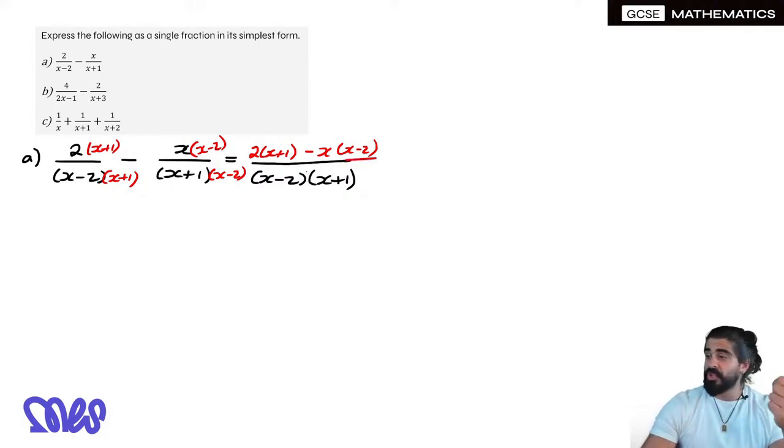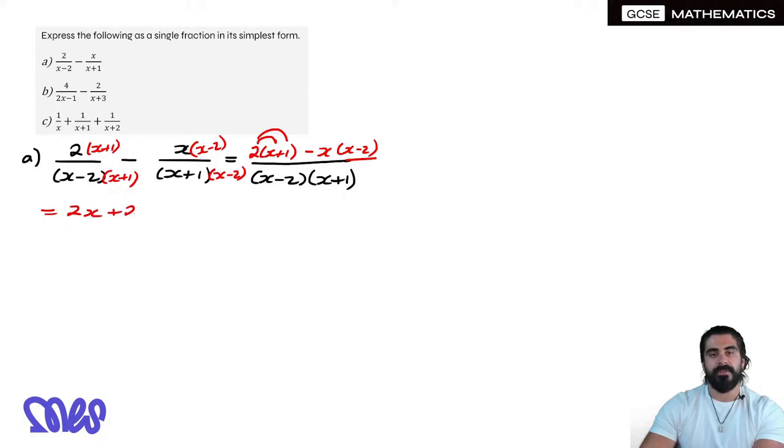Again, what should we be doing here? Same as before. With this minus in the middle, let's expand it, see what we can do. So we have 2x plus 2, then we have minus x squared plus 2x, all over x minus 2, x plus 1.